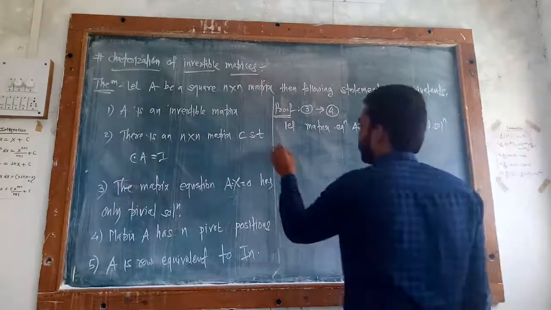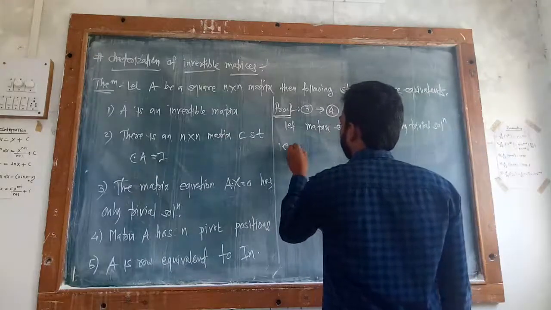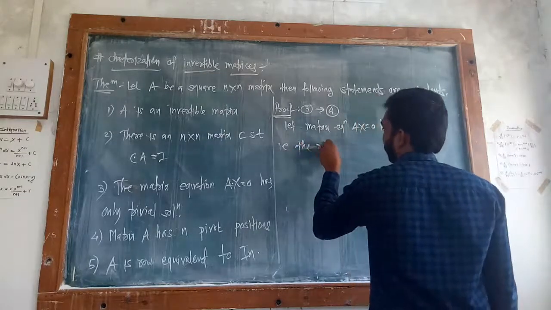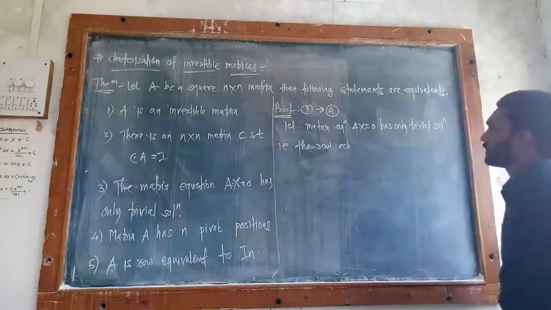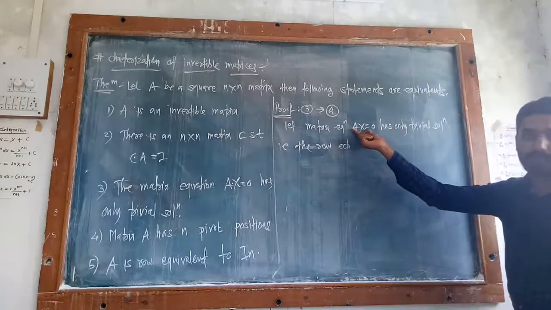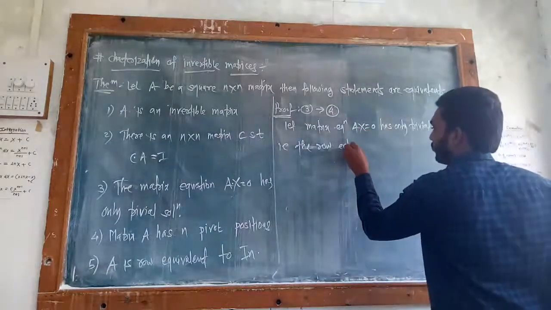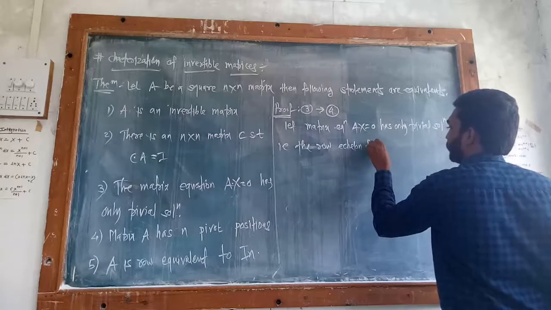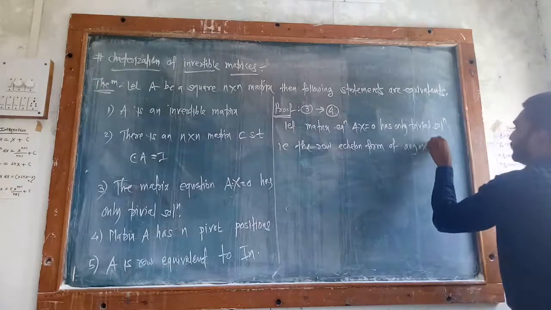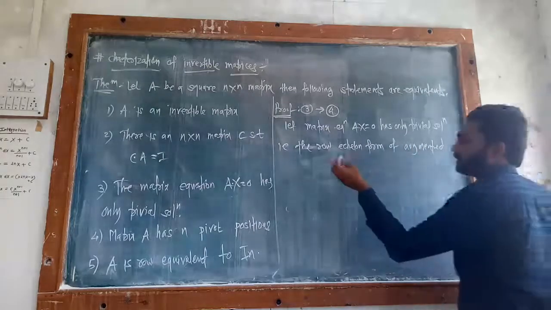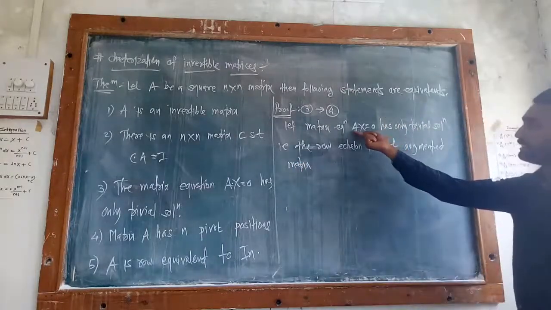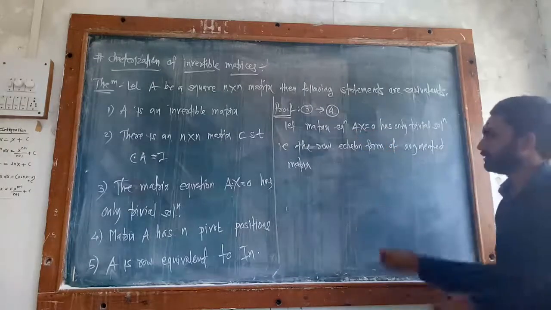That means the row echelon form of the augmented matrix of the equation Ax equal to 0 looks like this.